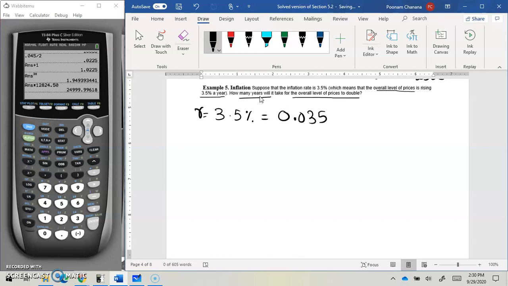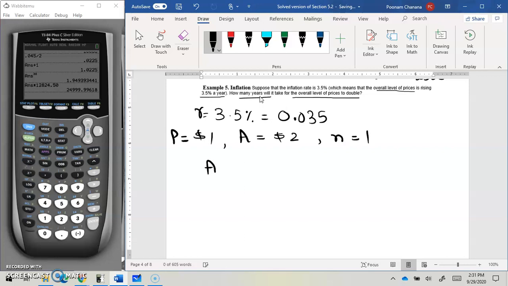Now we are saying how many years will it take to double the prices, meaning if I am paying $1 for something today, how long will it take for that to be doubled, meaning $2. So we can take principal to be $1 and amount to be $2, and inflation is done annually, so n will be 1.